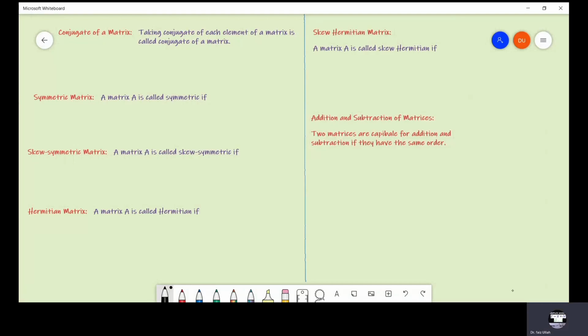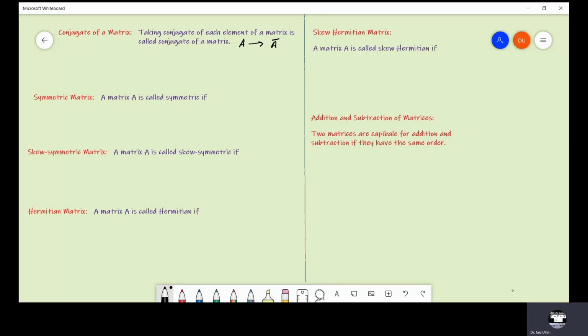Conjugate of a matrix. Taking conjugate of each number of a matrix is called conjugate of a matrix. If we have a matrix A, then its conjugate is denoted by A bar. Now we know that conjugate only changes the sign of an imaginary part of a complex number.